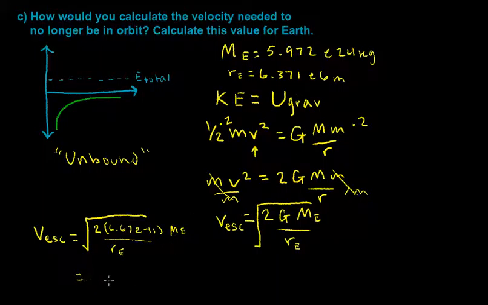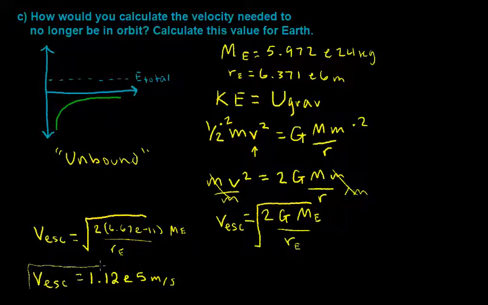So we are just going to calculate this real quick, and we get that our escape velocity to escape the Earth's orbit is 1.12 times 10 to the fifth meters per second.